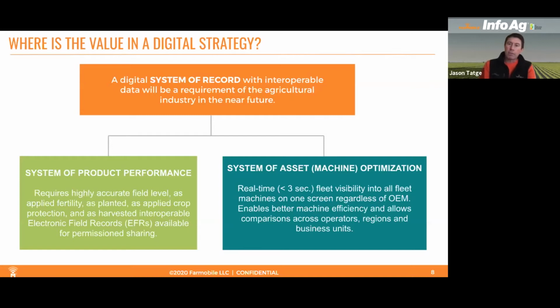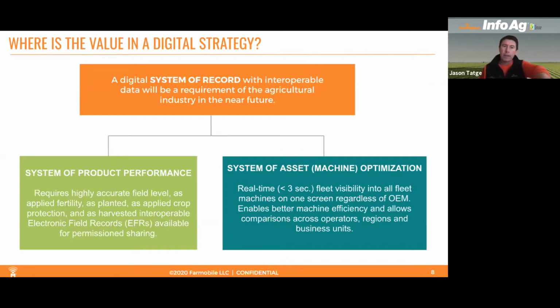And then we've got programs like the 4R programs and different stewardship programs that are starting to become available. So it's not just the grower and their data and their FMIS anymore. We have to be able to share the data between all of these other parties who traditionally weren't really in this field of work. And that's what's becoming more and more important.